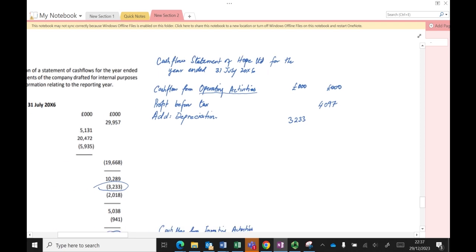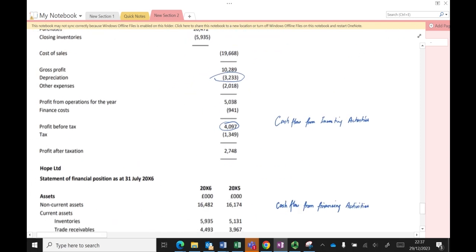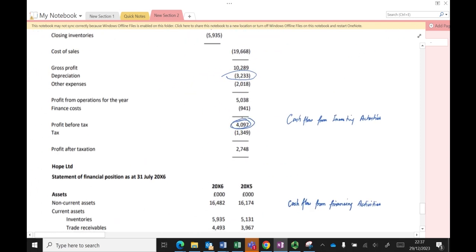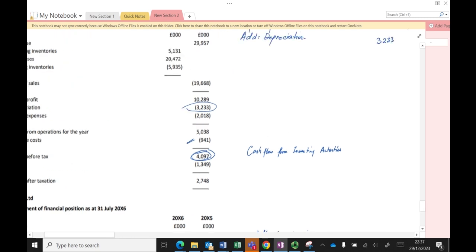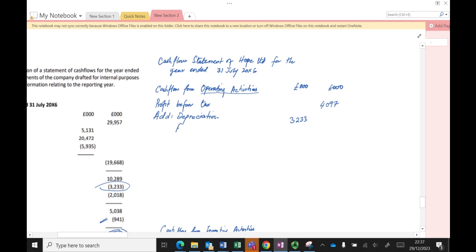Next, because I have taken profit before tax, the effect of interest is included in this 4,097. So I need to add finance cost.